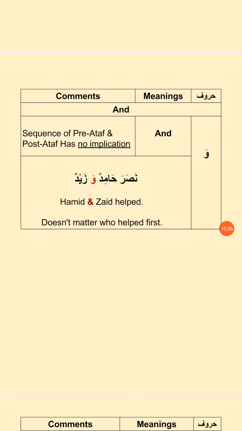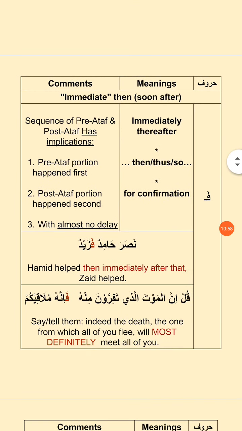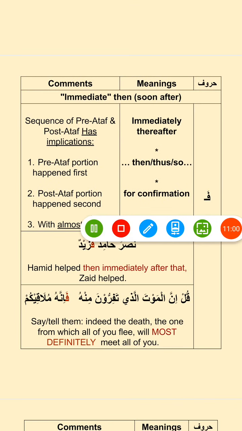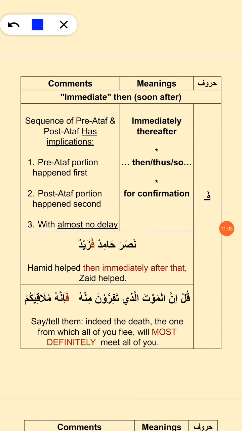So that's what wa means, that it doesn't matter who helped first. However, if you want to specify who helped first and who helped next, then you can use fa or summa. But what's the difference between fa and summa? Let's come here. First of all, the sequence of the pre-ataf and the post-ataf remains intact.